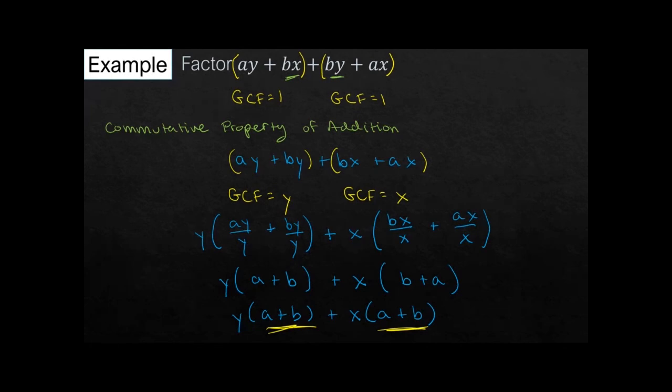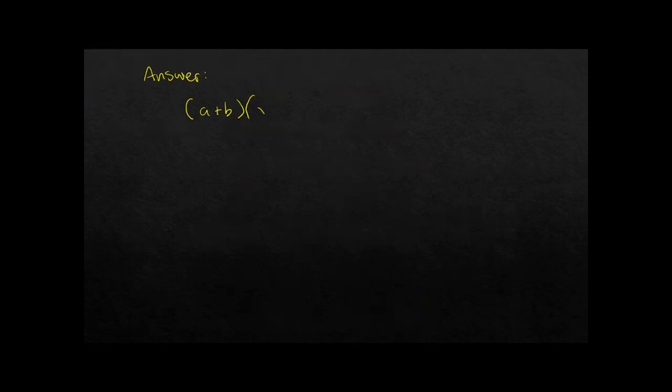So I'm going to have that a plus b in front. And then my greatest common factors are going to be the second set of parentheses, y plus x. And now that's the answer.